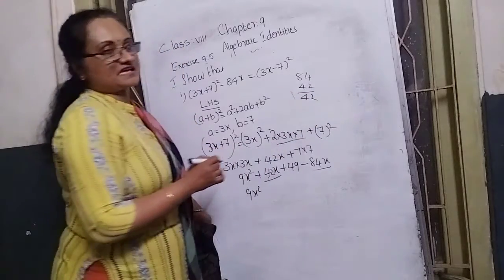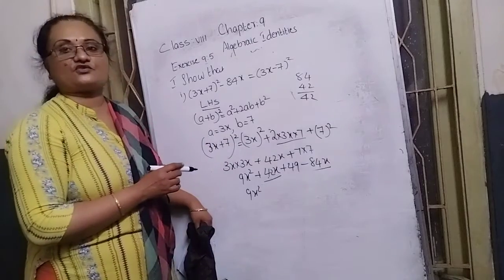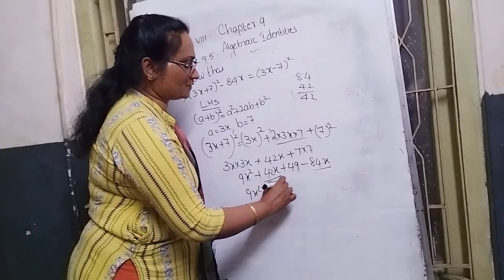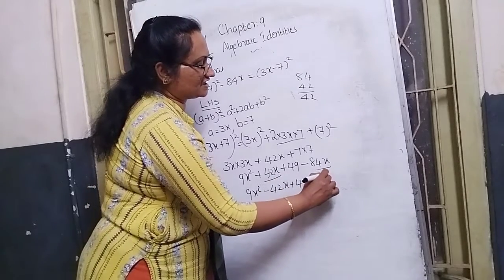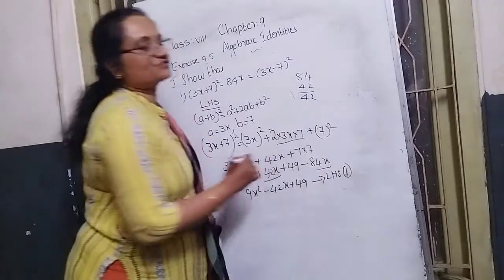Which sign, positive or negative? Negative. What is the reason? The bigger number is 84, the sign of 84 is negative. That's why minus 42x plus 49 is the answer. Mark it as, this is our LHS part, equation number 1.